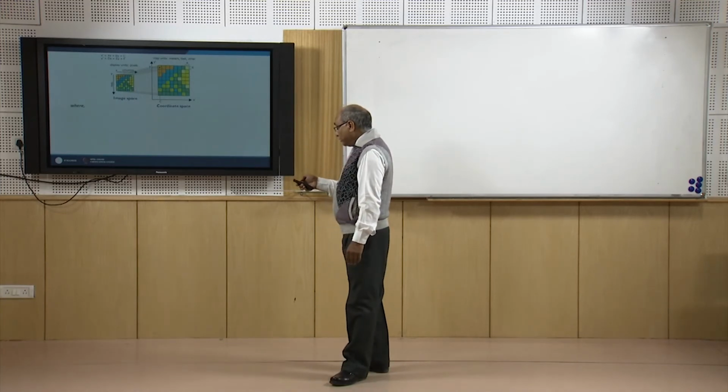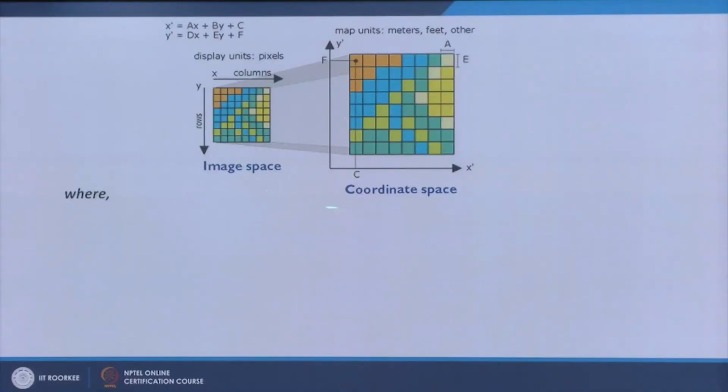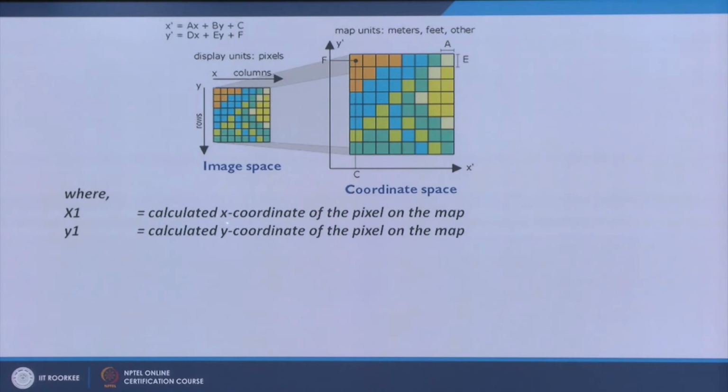Here is the master image, and here is my slave image. In this equation, x1 is the calculated x coordinate of the pixel on the map, and y1 is the calculated y coordinate.